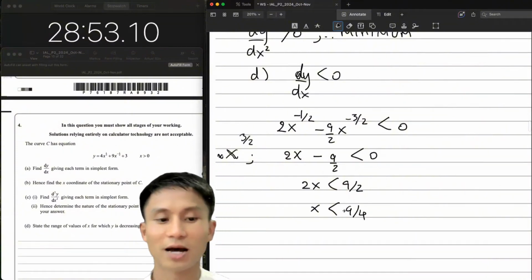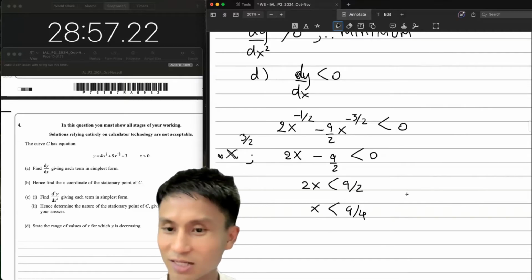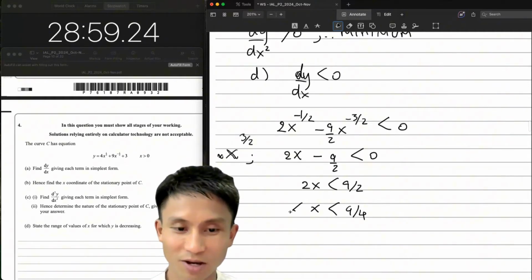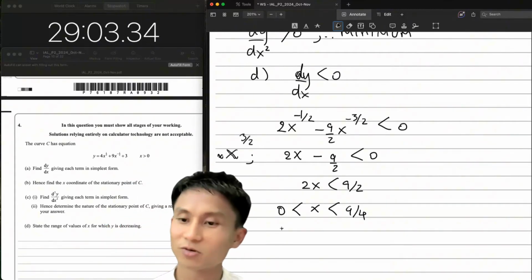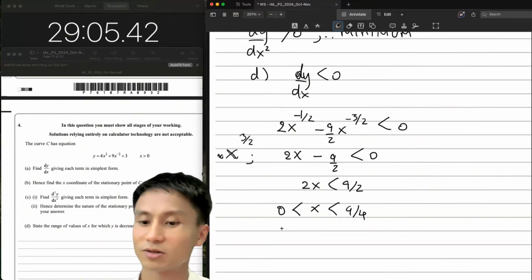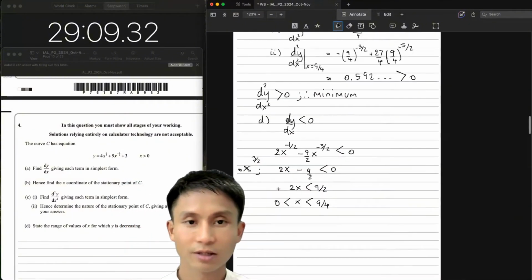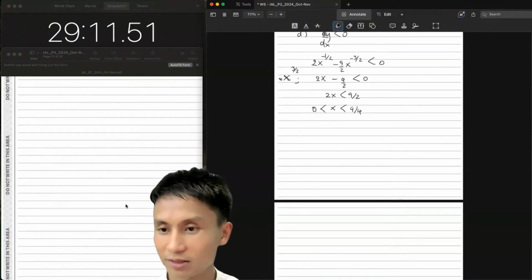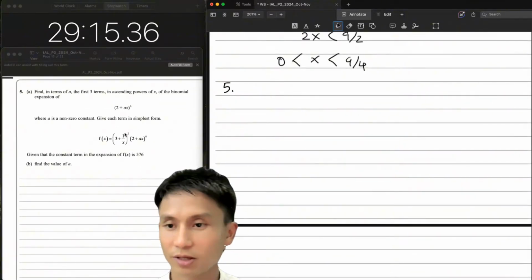You have to move the 2 down to multiply the other 2 there. So that is just it. But it has to be greater than 0 as well. Greater than 0 is trivial because it's already given. So I'm just going to go with that. So that's my number 4 done. Next, number 5. Just going to do it here maybe.